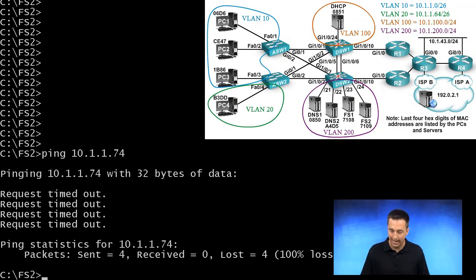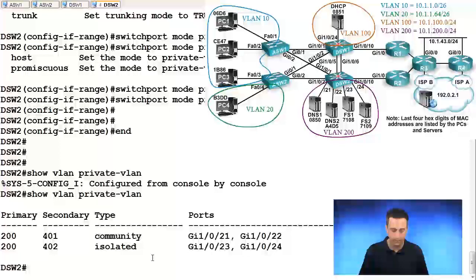Now, why is that? Think about it. Have we identified the promiscuous port, the port that goes up to the default gateway? No, we haven't. We haven't defined the promiscuous port yet. Who's going to be our promiscuous port on DSW2? Examine the topology right now.